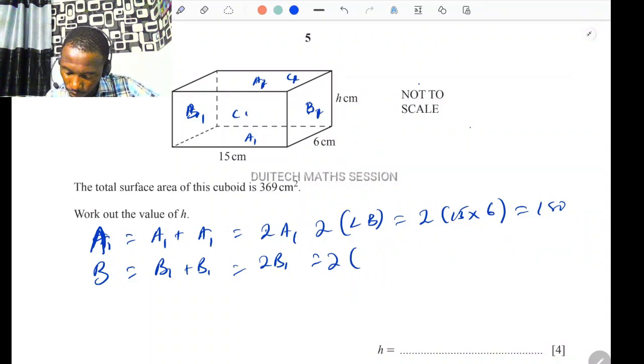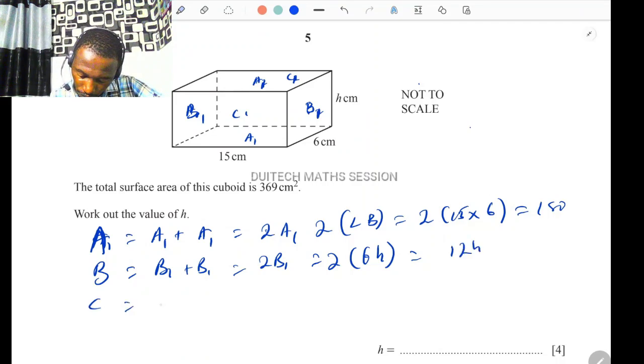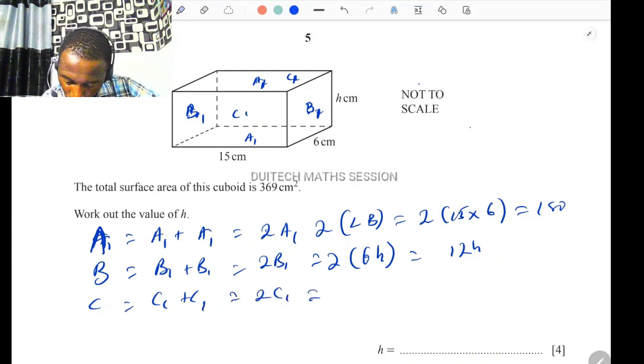So this is B1, 6 and 8, we have 6H. So 6H is 12H. So C is equal to C1 plus C1, which equals 2C1, and we are now considering C as this side. If here is height, here is also height. So I have 2 times 15H, which is 30H.